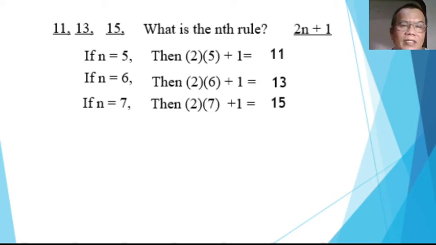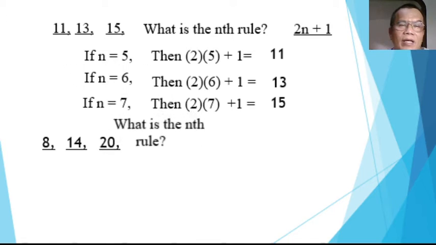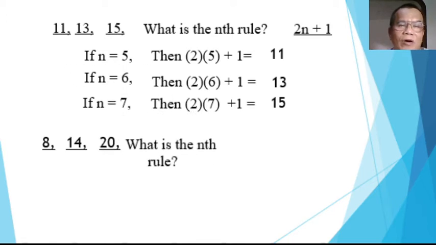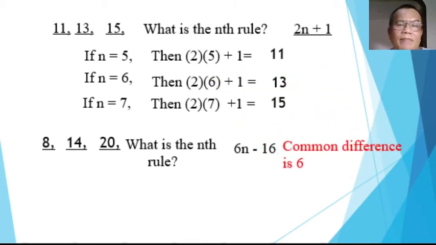Okay, so next. You have 8, 14, 20. What is the nth rule of 8, 14, and 20? The nth rule is 6n minus 16. Why? Is it because the common difference is 6? So let's check.